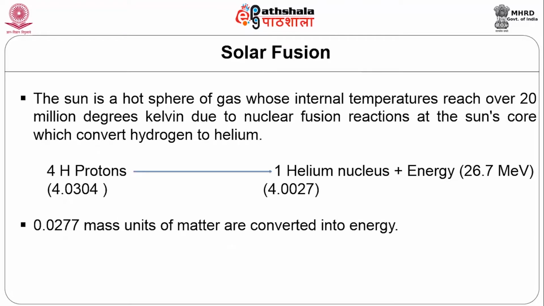And when we look at what is happening in the sun, it is a hot sphere of gas whose internal temperature reaches over 20 million degrees Kelvin, due to nuclear fusion reactions at the sun's core, which convert hydrogen into helium.